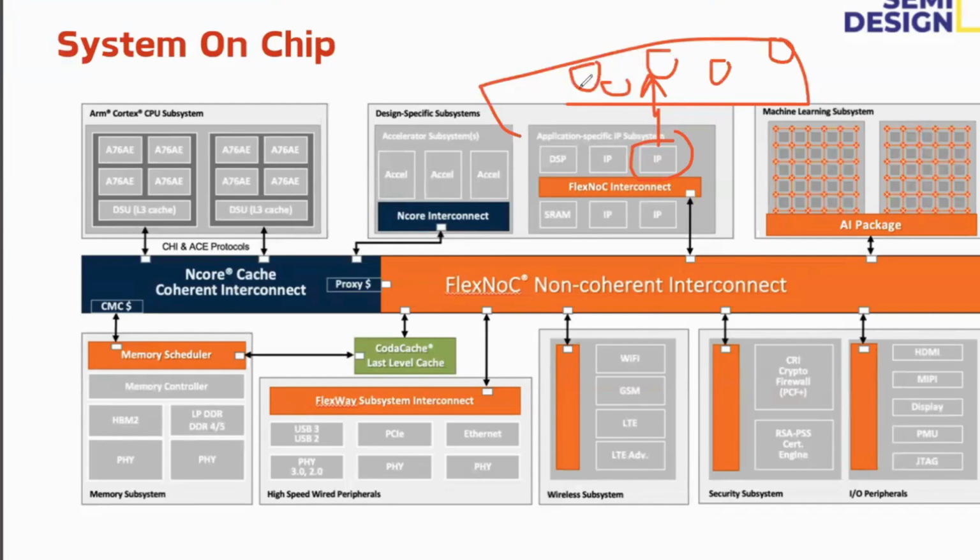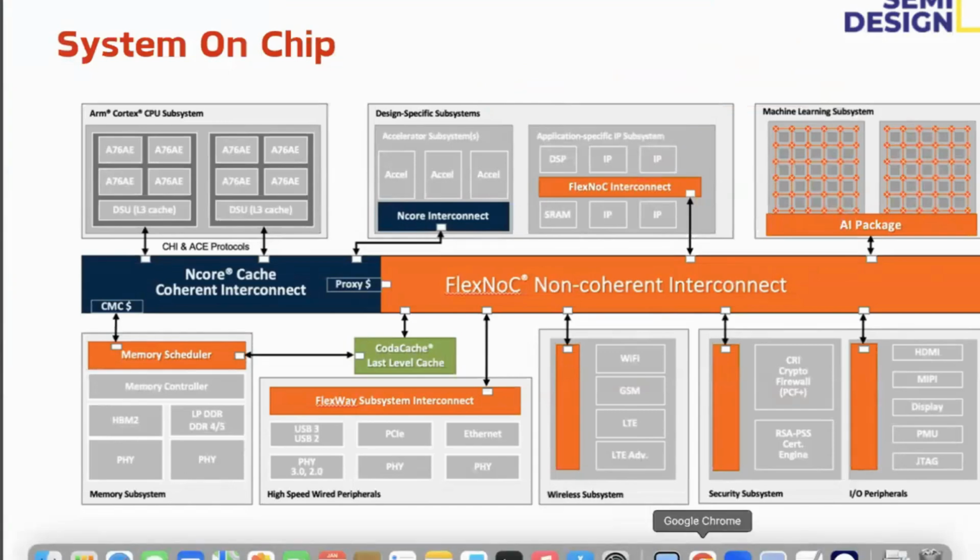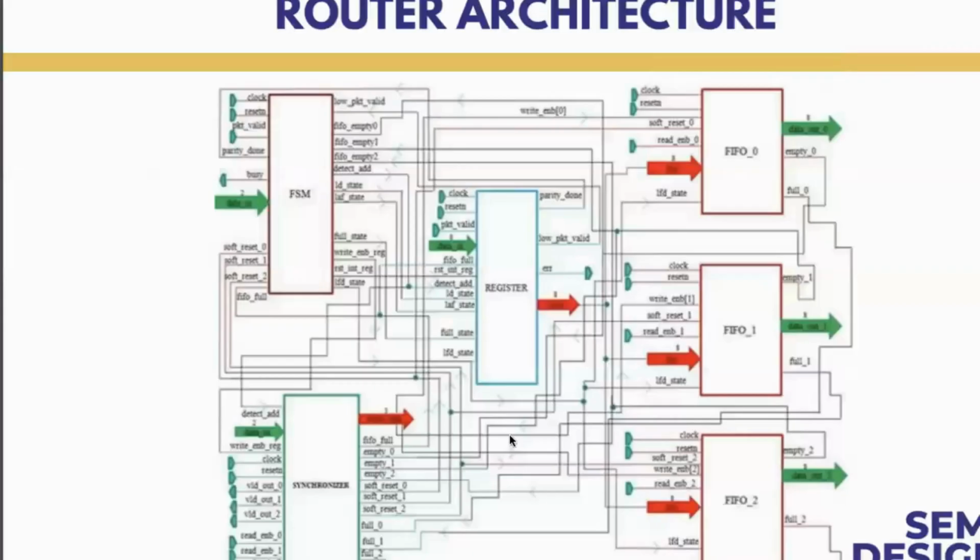If you consider one block as a router, how will it look? What is meant by router? The router is also a digital circuit which can route the data between different physical addresses, different computers. The router consists of one finite state machine.